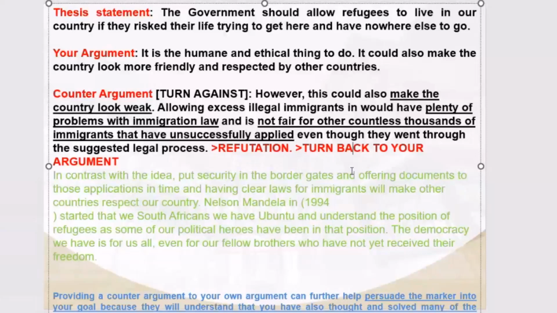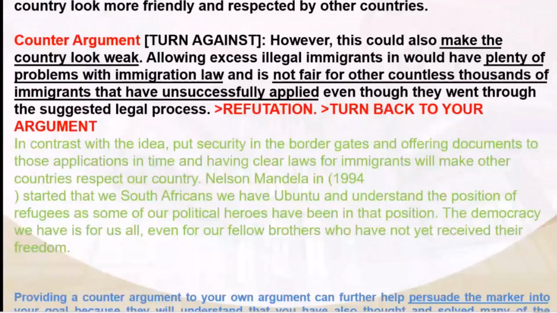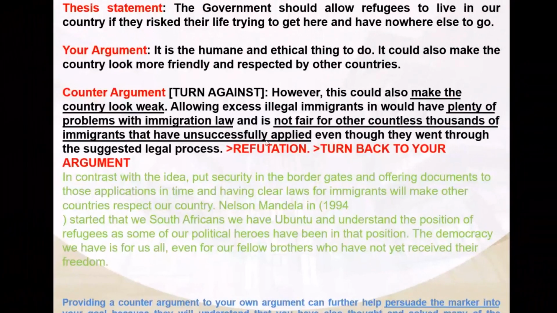This is what I was looking for, and at least I have it now. And it should actually show you what I was expecting. I was expecting a refutation and you turning back to your original argument in the same paragraph, which we call a rebuttal paragraph.